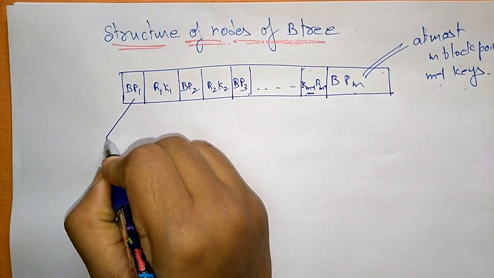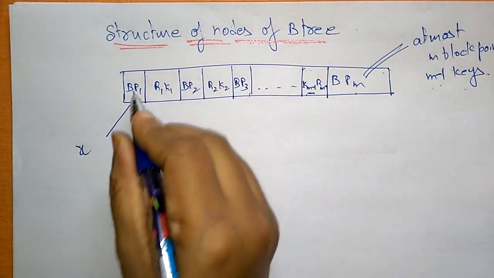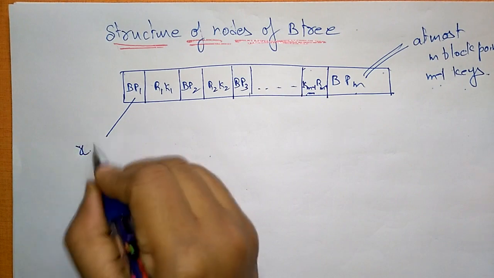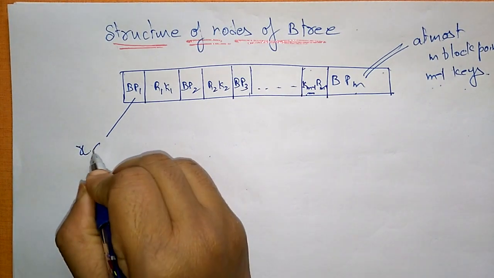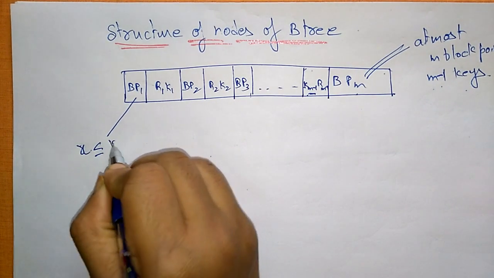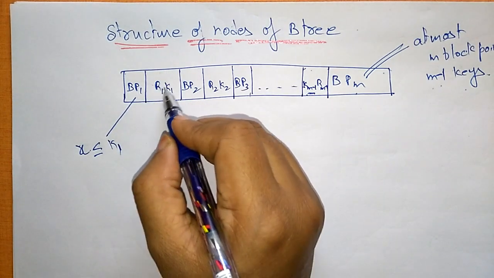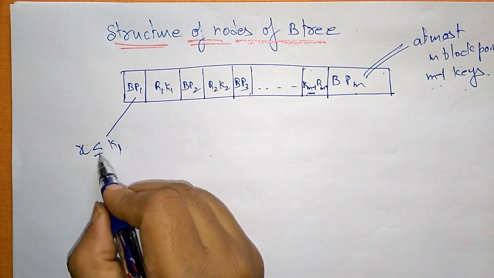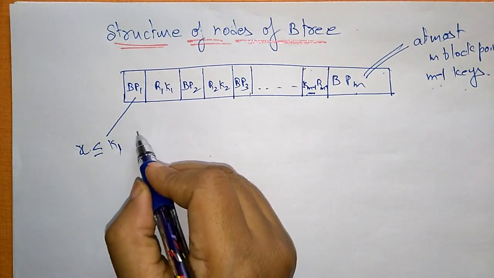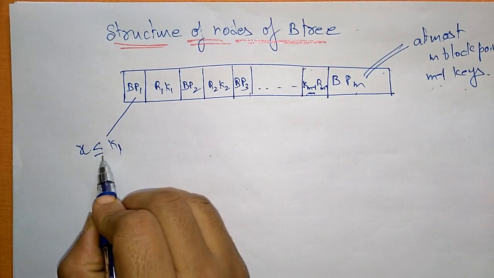If you take the node under this block pointer, that node's value is x. The x should always be less than or equal to k1. So if you take this as a root node, k1, then on the left side whatever the child value is should always be less than or equal to k1.